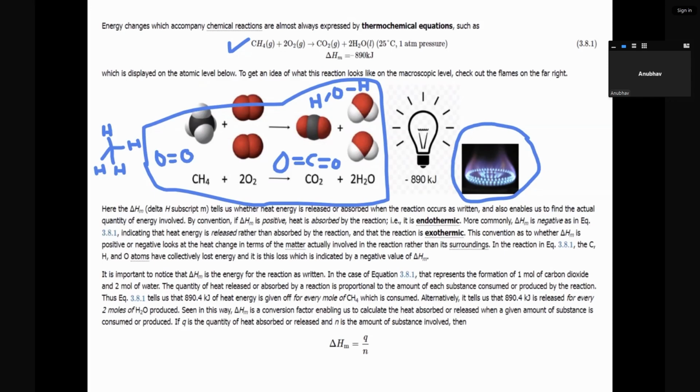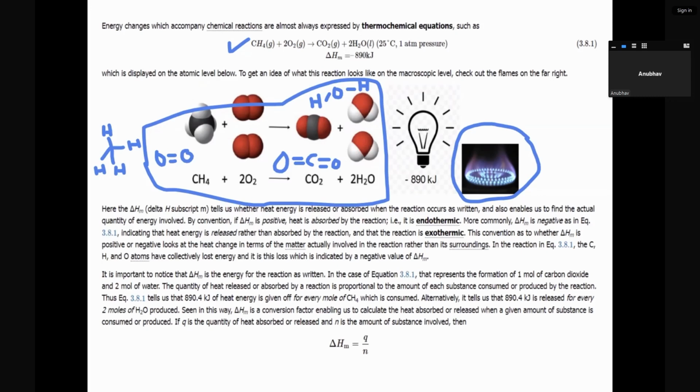Now here the delta Hm, which is minus 890 kilojoule per mole, tells us whether heat energy is released or absorbed when the reaction occurs as written. It also enables us to find the actual quantity of energy involved. By convention, as I told you in the last class, if delta Hm is positive, heat is absorbed by the reaction.